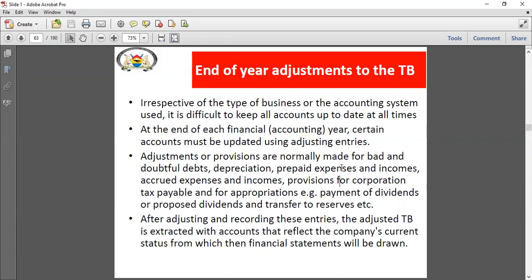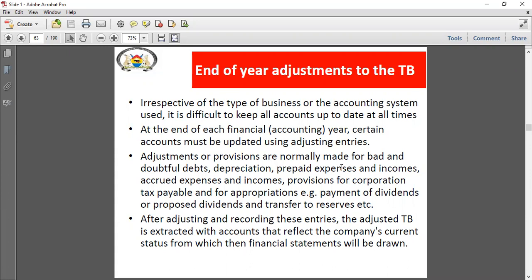Now, because we don't want to recognize all the rent for the 5 years in 1 year, there's what we call the matching principle, which says that we should make sure that we match revenues with the respective expenditures. Basically, we cannot recognize the whole amount that has been paid for the 5 years in the first year.